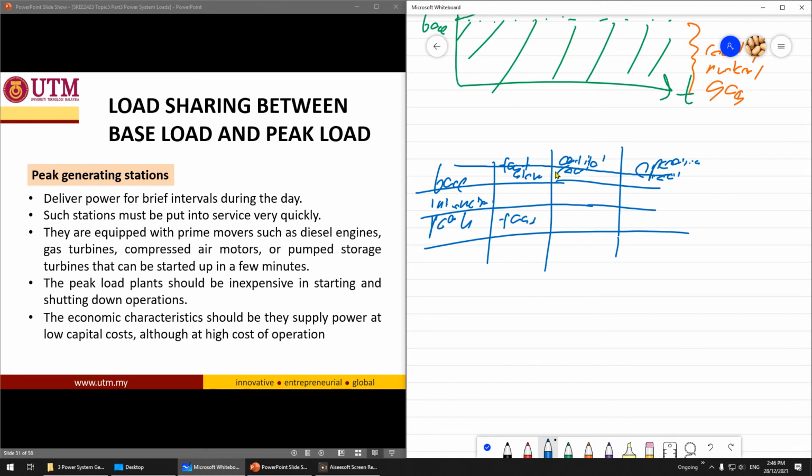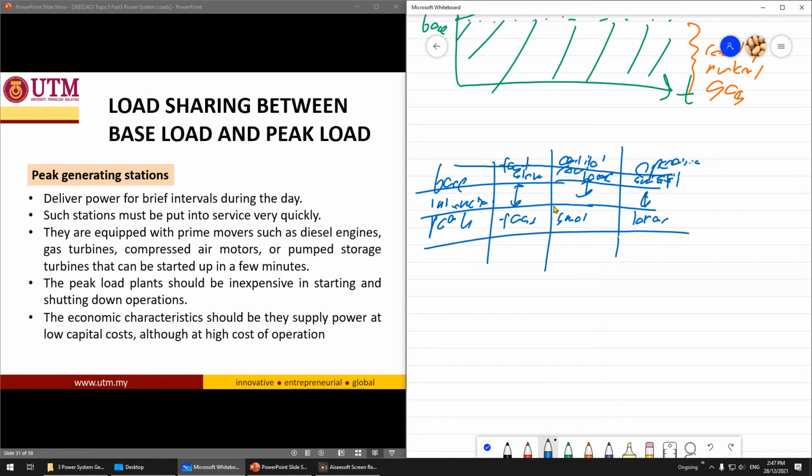For capital cost, base is quite large, but peak is small. Operation cost for peak is quite large, but base is small. So the relationship is something like that. Intermediate is usually in between.